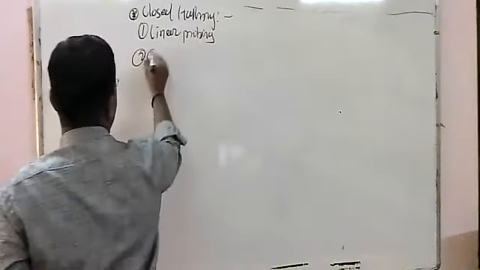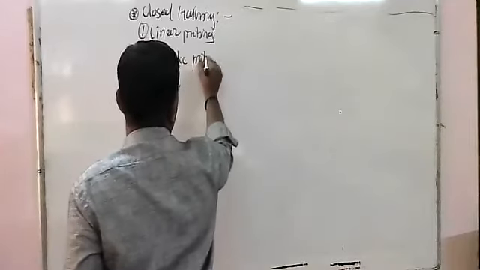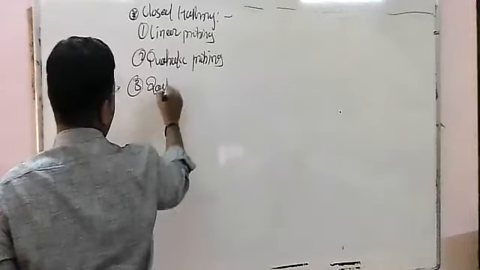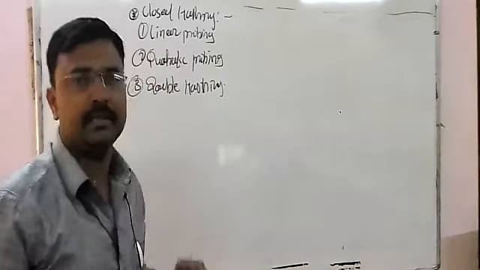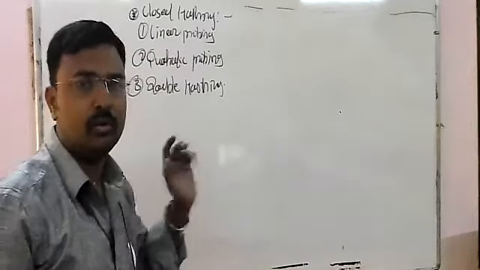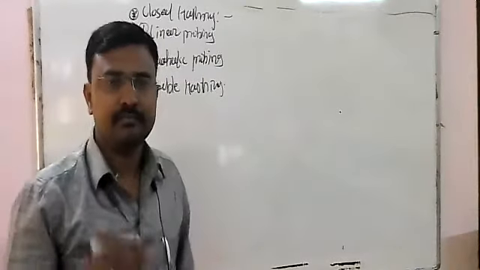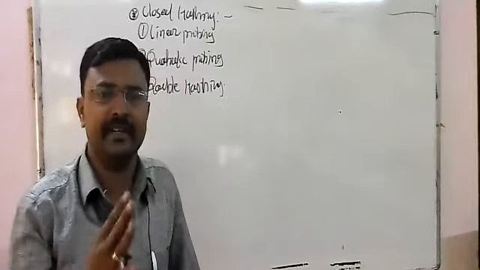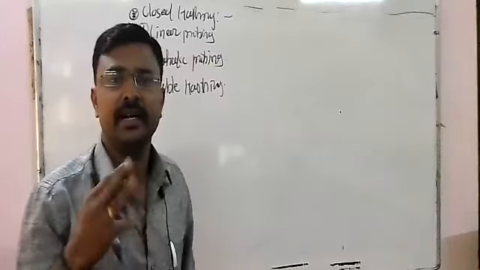Second one is quadratic probing. And third one is double hashing. These are the 3 ways where you can do closed hashing, and this is also used as a collision resolution technique.